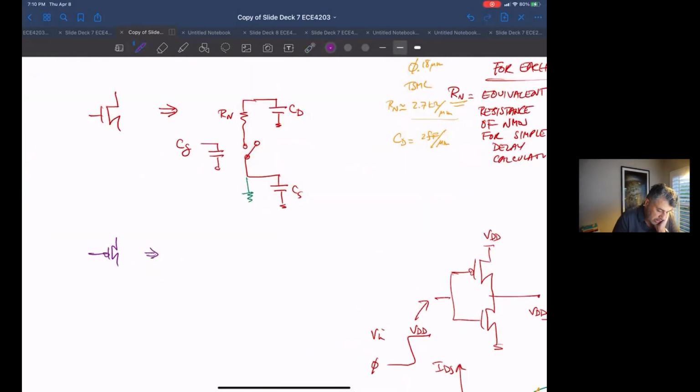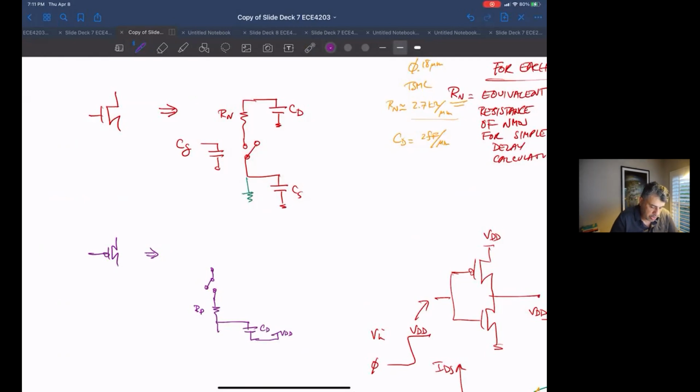And that also looks like a switch, a resistance, capacitance at the drain. And this capacitance really goes to VDD, but for the purposes of RC time constants, whether it's hooked up to VDD, to ground, or to some other constant supply, it doesn't matter.